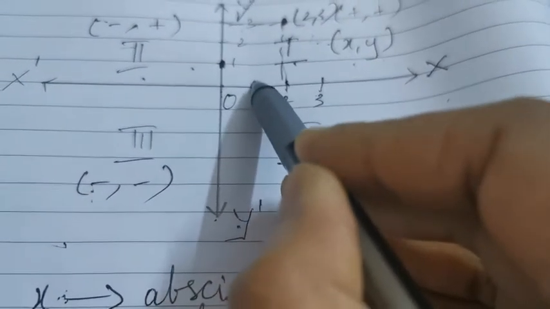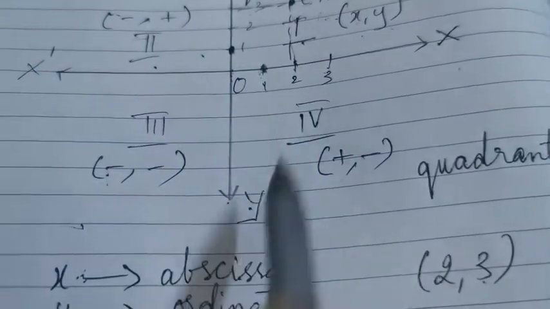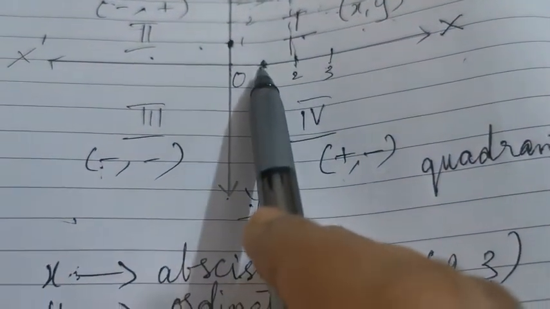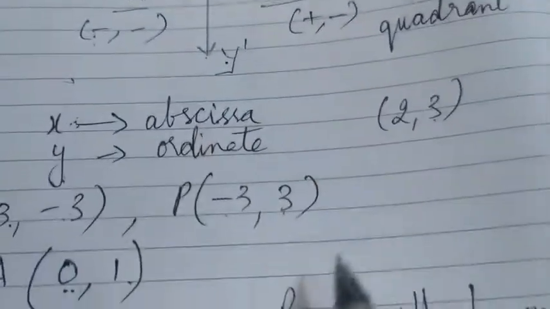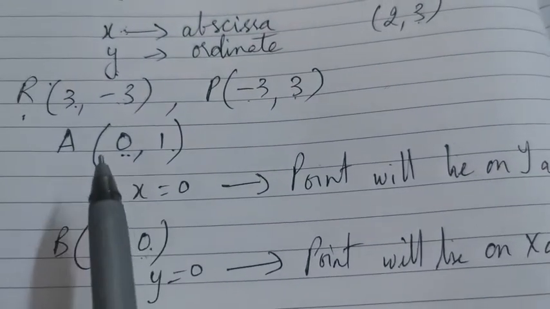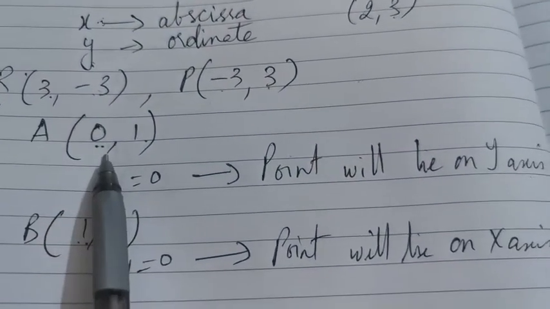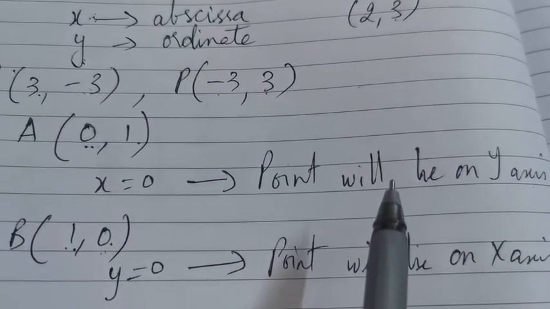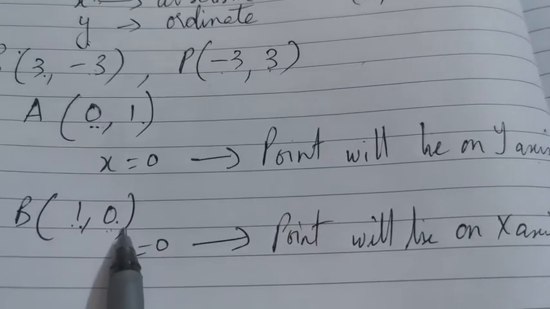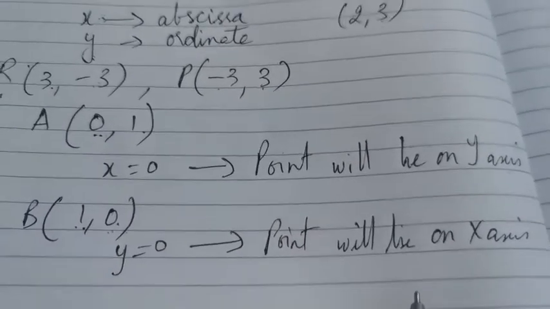So it will lie on this place. So it lies on the x-axis. So remember this, whenever your x is 0, that point will lie on y-axis. Whenever the y is 0, that particular point will lie on x-axis.